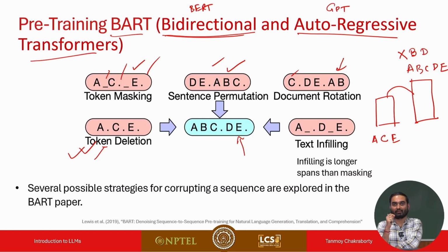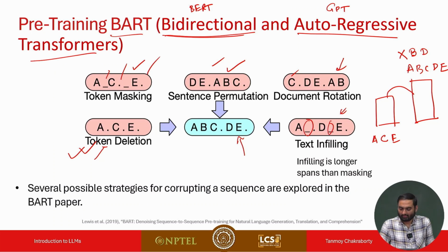They also tried an extreme approach where they essentially mask not a single token but a consecutive sequence of tokens. A, B, C, D, E was the original sequence. You mask B, C together, right? So sometimes you mask two tokens, sometimes you mask one token, and so on.